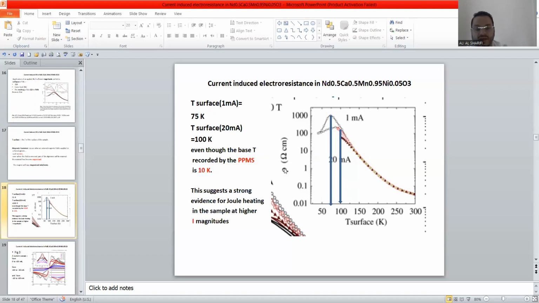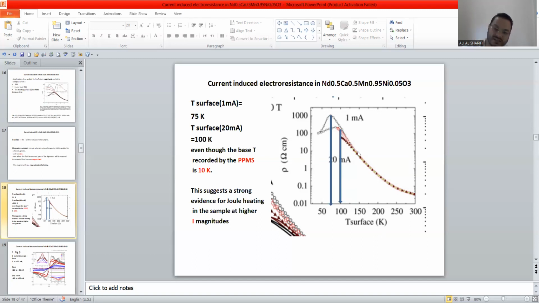Here, the authors, the scientists, just decided to flow just two currents, 1 milliampere and 20 milliampere, and calculated other results, what happened.